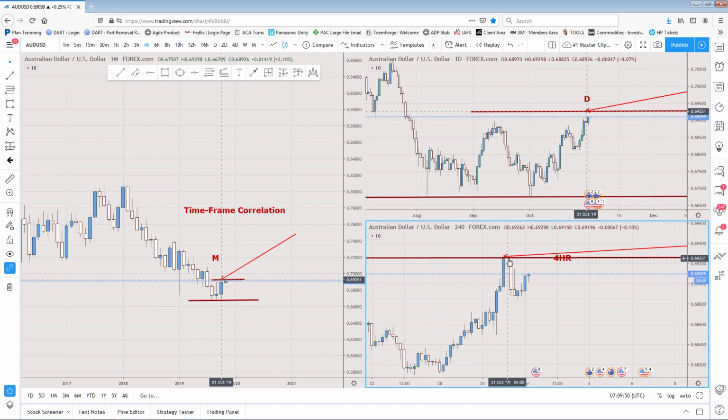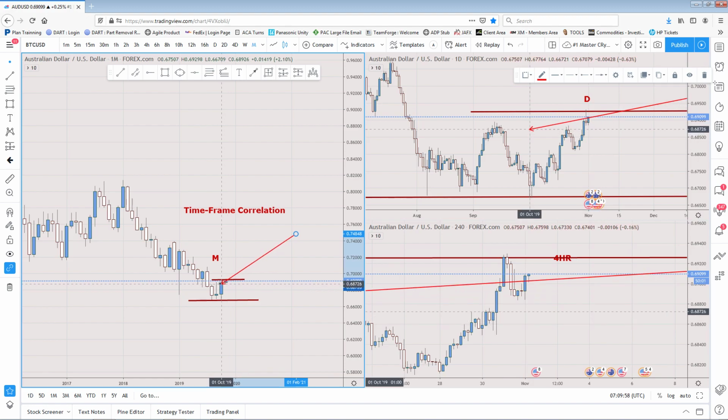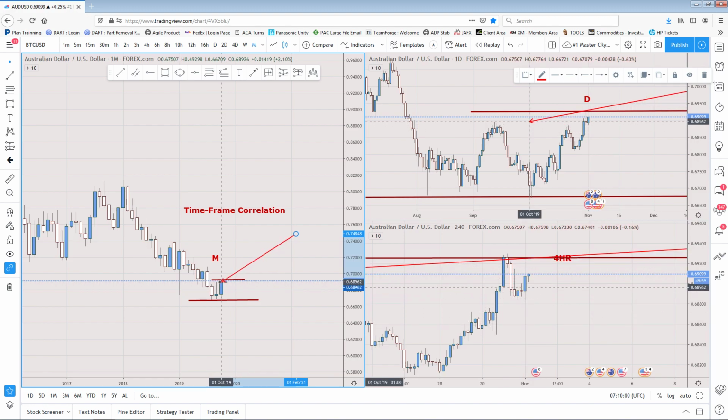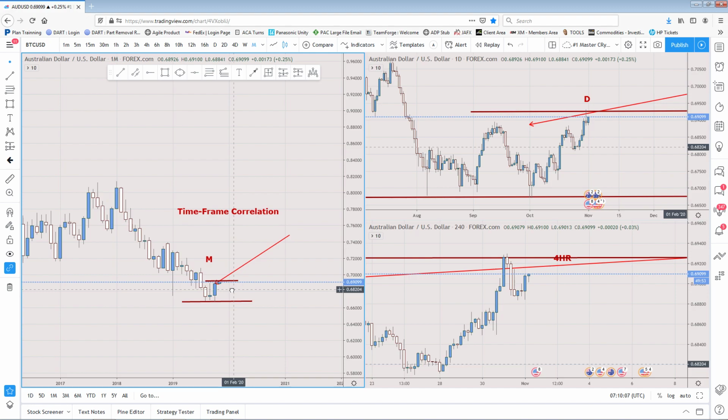Well, what I'm trying to tell you is, when you see something you like on the higher time frame, here we were interested and said, oh wow, there was a bullish engulfing candle. That means we should start buying. But I don't want you to blindly place a trade. I want you to dig deeper. I want you to use the higher time frame for clues.